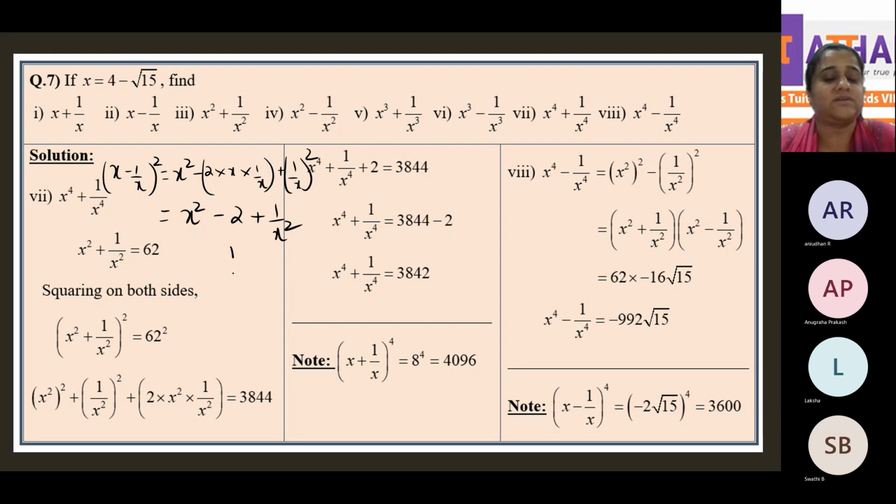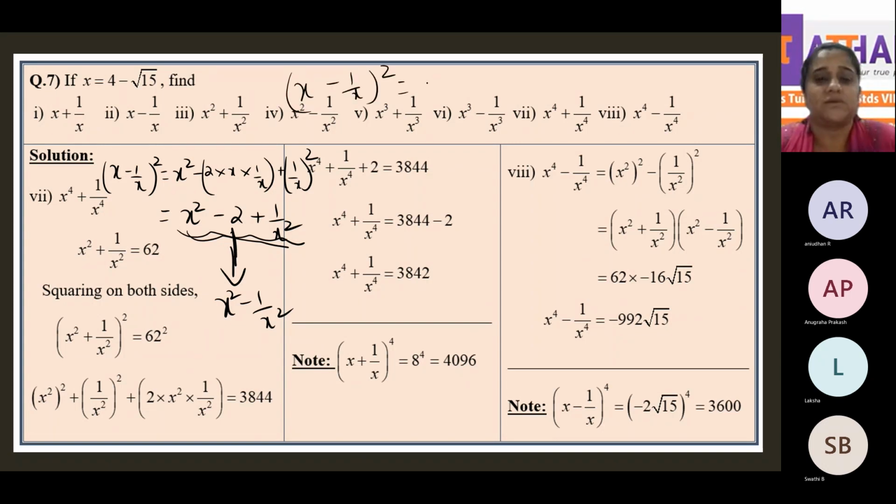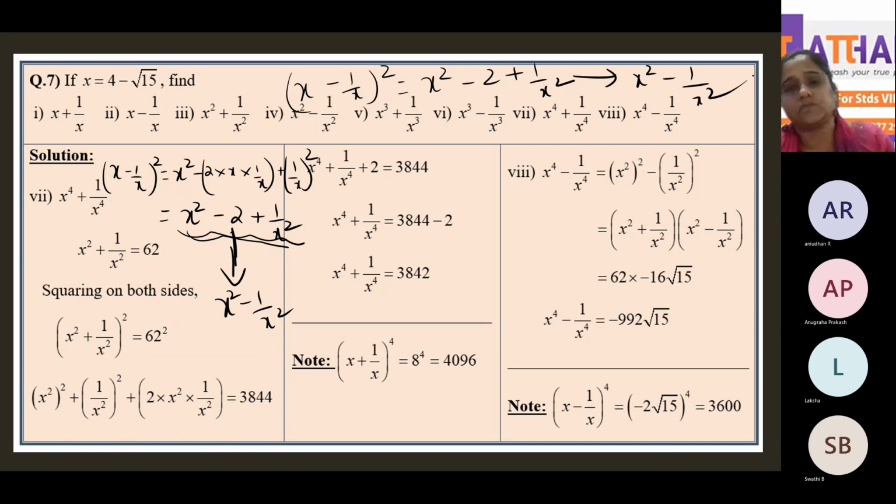Then where is it x squared minus 1 by x squared? It's not x squared minus 1 by x squared. You can see it here. Swati, when you expand x minus 1 by x the whole square, you're getting 3 terms. The terms are x squared minus 2 and plus 1 by x squared. Then how is this equal to x squared minus 1 by x squared? No, I'm not clear.